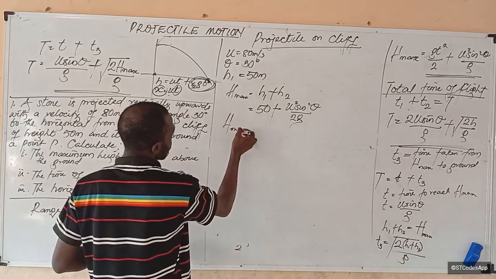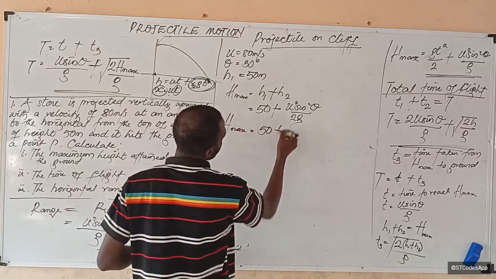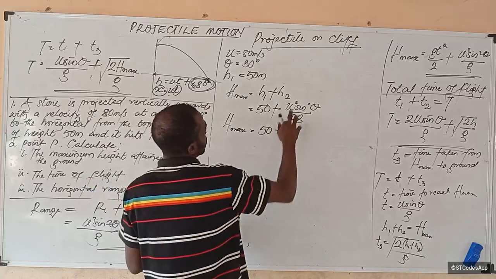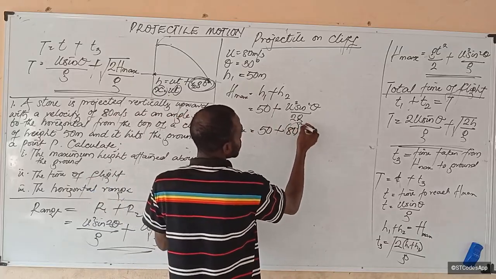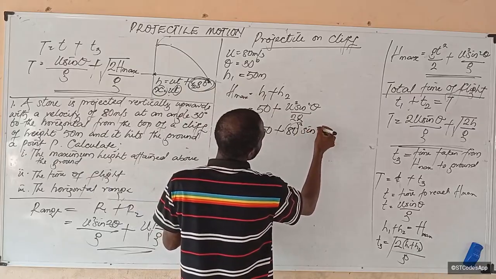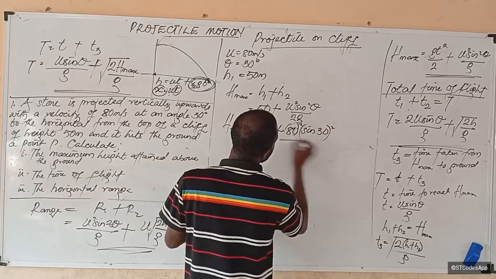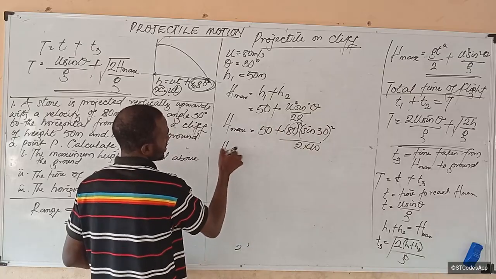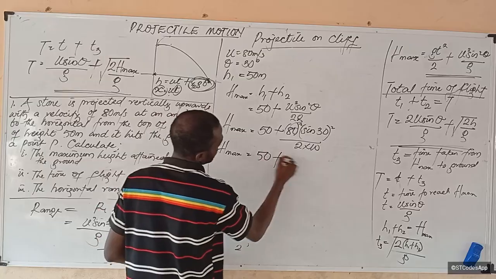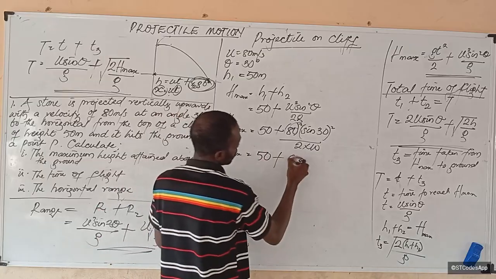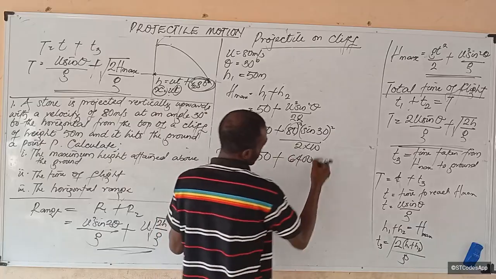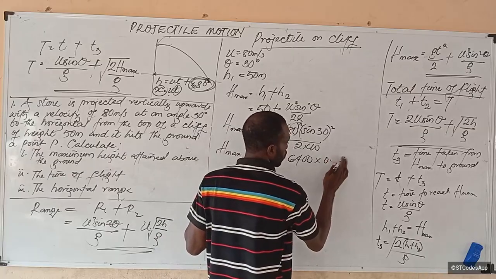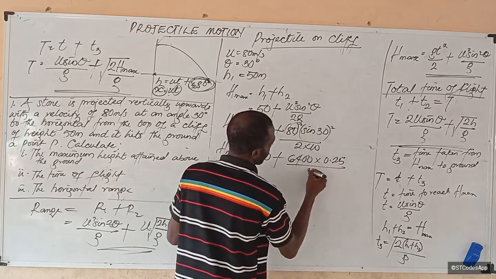So H max becomes 50 plus, you see that by solving more and more questions, you become familiar with the formula, u squared, that is 80 squared, times sine 30 all squared over 2 times 10. So H max equals 50 plus 6400 times sine 30, which is 0.5. 0.5 squared is 0.25, that is 1 over 4, over 20.